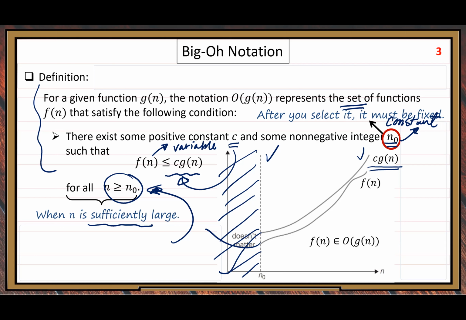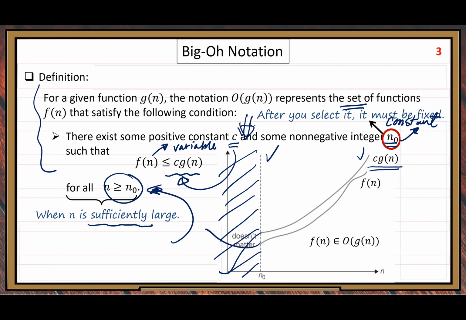Let me delay it to another chapter. Later, I will come back to explain this area, this unknown area. There is something we need to do in this shaded area. Okay?